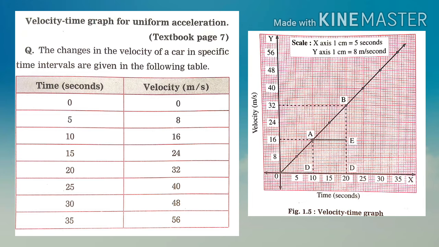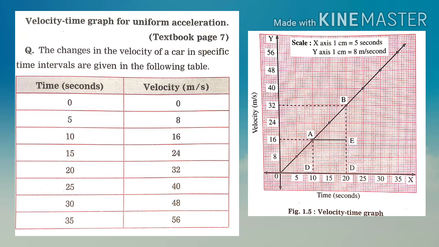To find out the area of quadrilateral ABCD, first of all draw a perpendicular to line BC from point A. Because of this, the quadrilateral gets converted into triangle ABE and quadrilateral AECD.